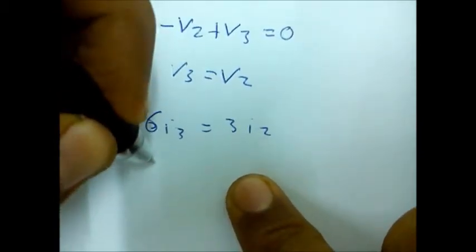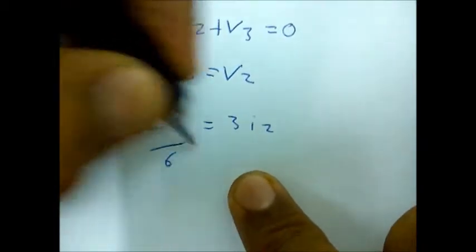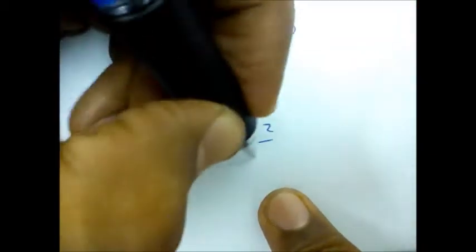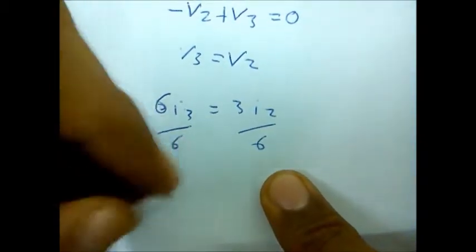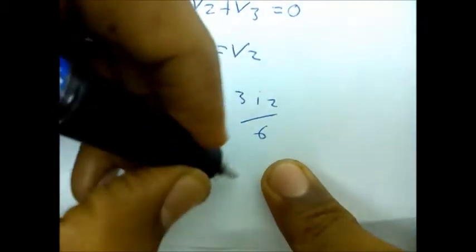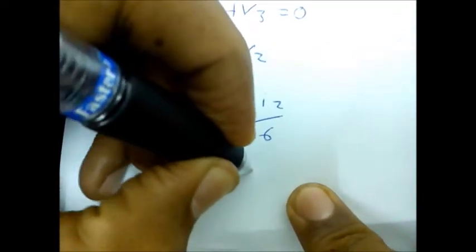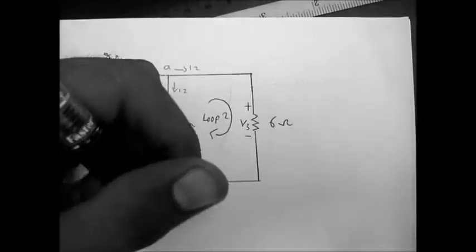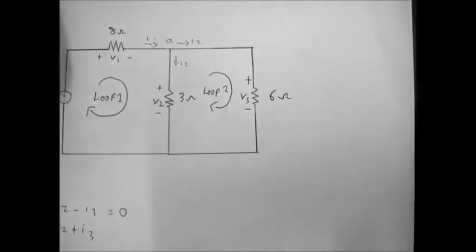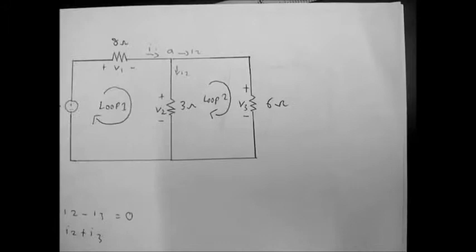So this must be over 6 and over 6. So we know that I3 equals I2 over 2.